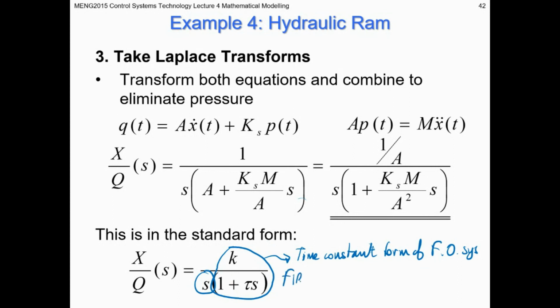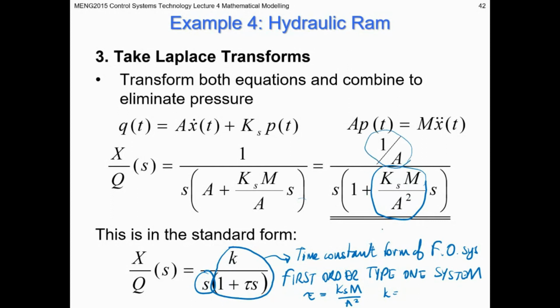This is called a first order type 1 system. In our first order type 1 system, what's tau going to be? Tau is going to be k m upon A squared. And what's K going to be? This one, 1 upon A.